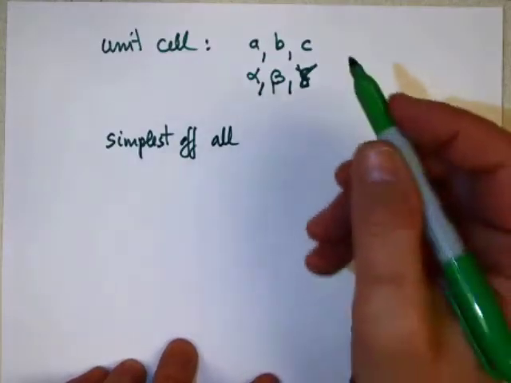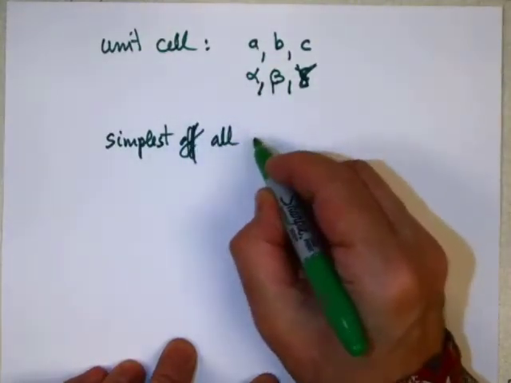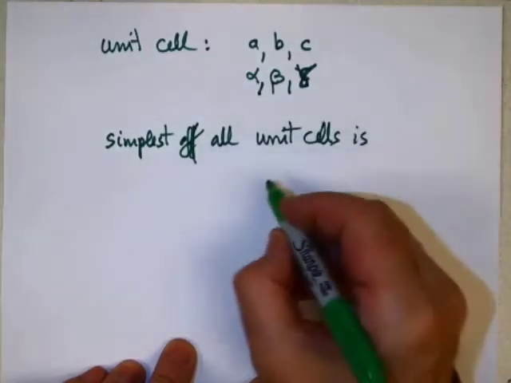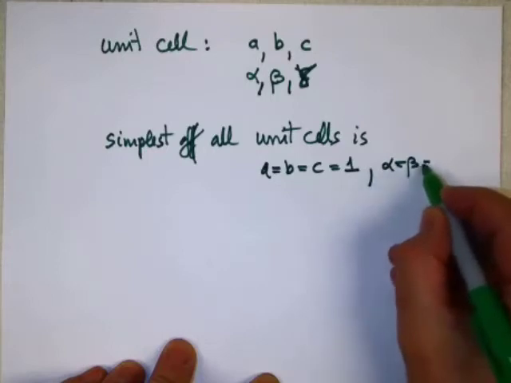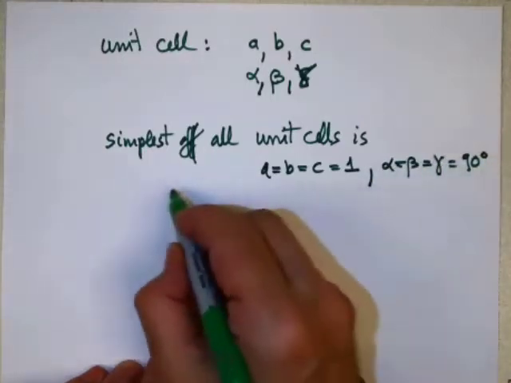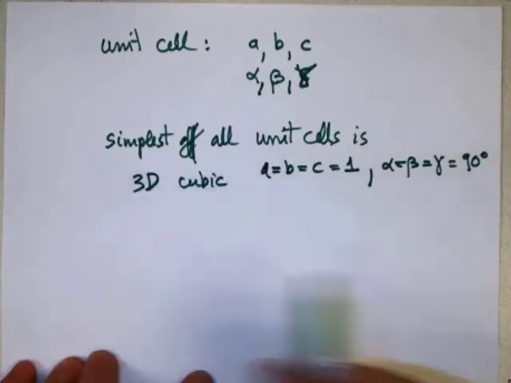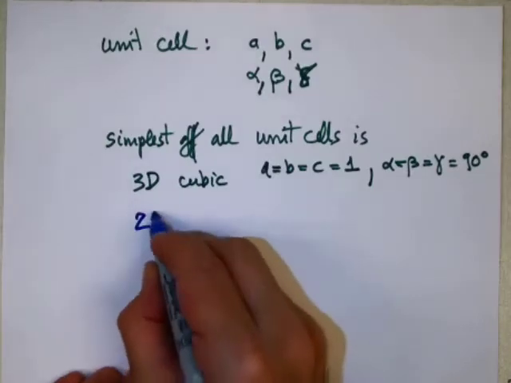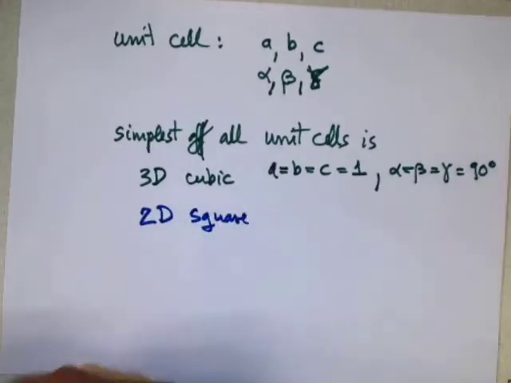So the simplest kind of unit cell is where the 3 lattice spacing are the same, and then we have a cube, or in 2 dimensions we have a square unit cell. These are the simplest examples of unit cell. That's the picture we started with. Now we can talk about things.